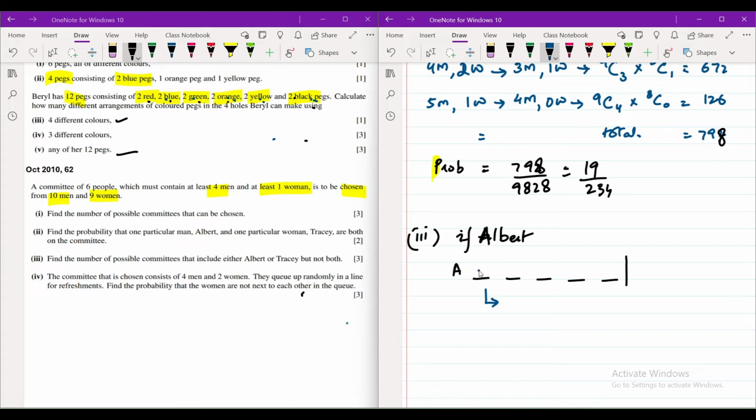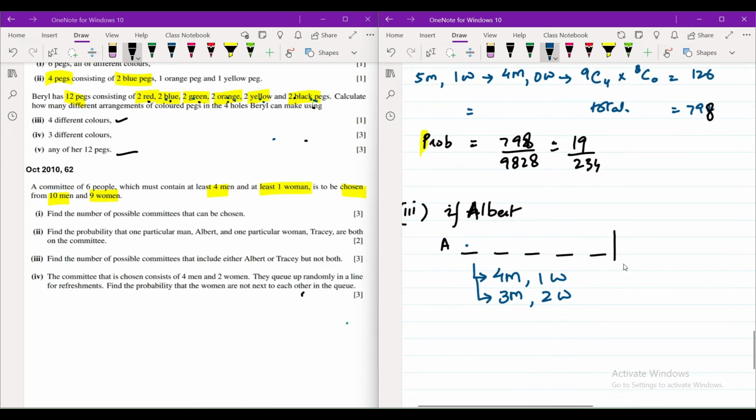I can have four more men to be selected and one more woman to be selected, because I need five men, one woman, or I need three more men and two women to be selected. And mind it that the total pool has been reduced.